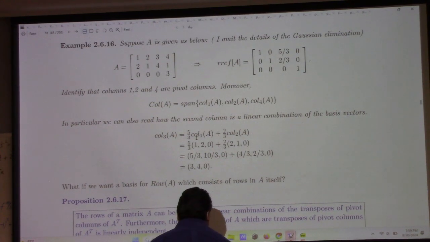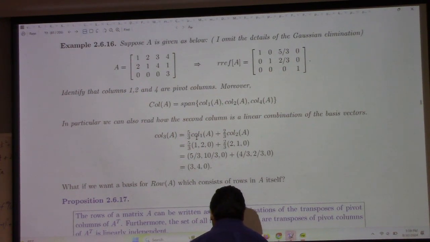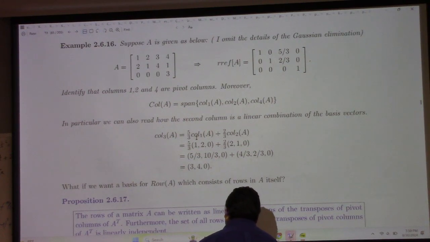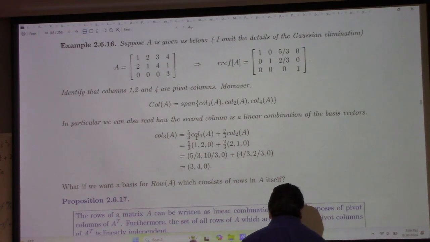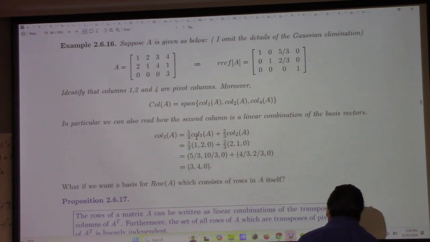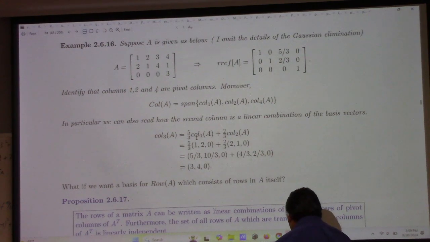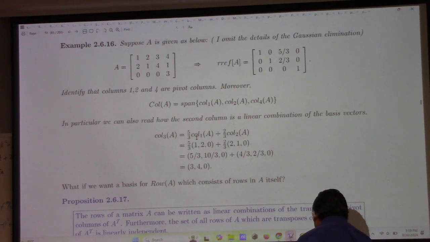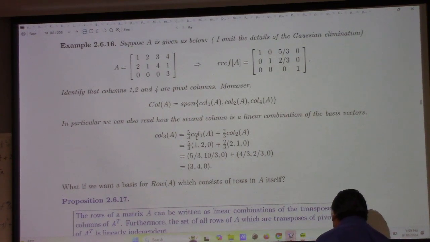So X can be written in the form minus 5t, minus 2t, 3t, 0, which is t times (minus 5, minus 2, 3, 0). So the null space is the span of (minus 5, minus 2, 3, 0).